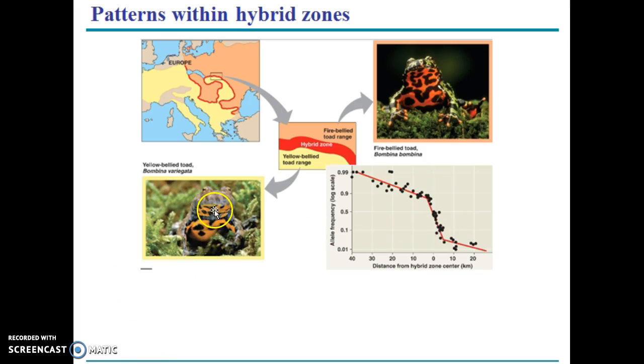So, once again, two different species are able to reproduce and have offspring. Their offspring can have offspring too, but the ability of these two guys' offspring to survive is very, very low. They're misconfigured, and they're highly abnormal frogs.